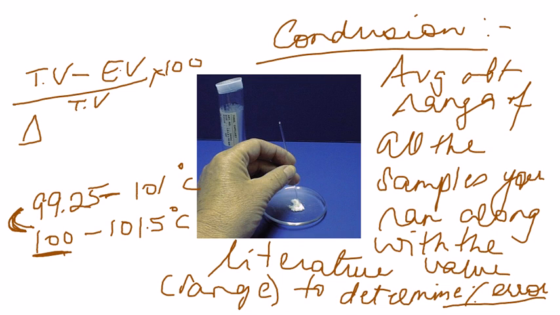Suppose, okay? So what you'll do is you'll find out the difference between the low divided by the true value, which is 100, times 100, and you'll write that as the percentage error in recording the data. So conclusion, we'll talk about all of this, and you should do that for all the 4 samples. You can tabulate it if you want to, that's okay, or you can write it in words, but that'll be it.